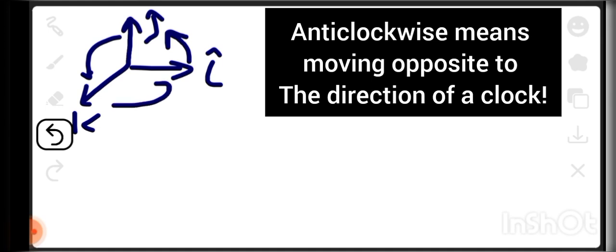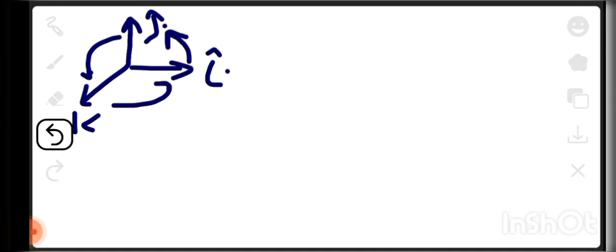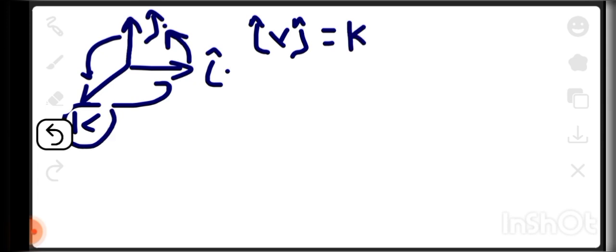If we do I cross J, the movement is anti-clockwise, counterclockwise. So if you do I cross J, the answer will become K, which is the next unit vector, or positive K.